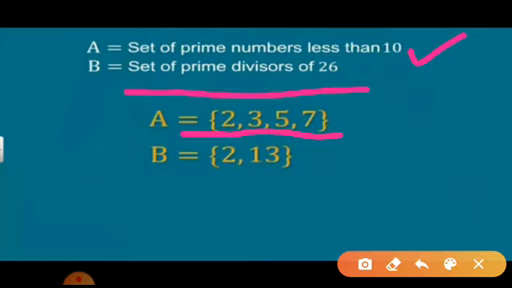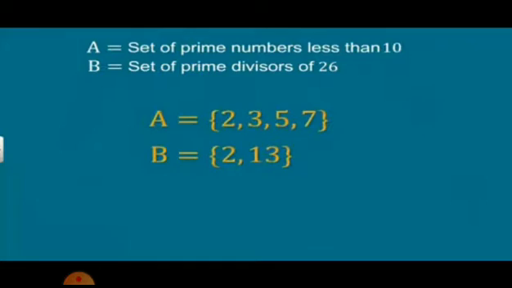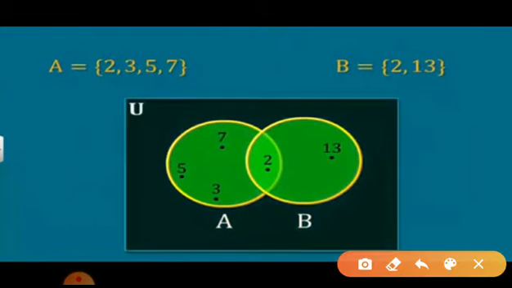Okay, so this set can be represented as follows. We had A, it contains 2, 3, 5 and 7. B contains 2 and 13. The two sets overlap over that 2, because that 2 is repeated in both the sets, so it should be counted only once while drawing the Venn diagram.